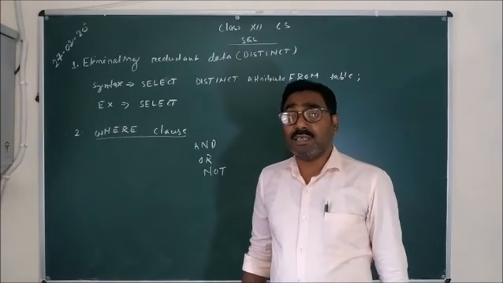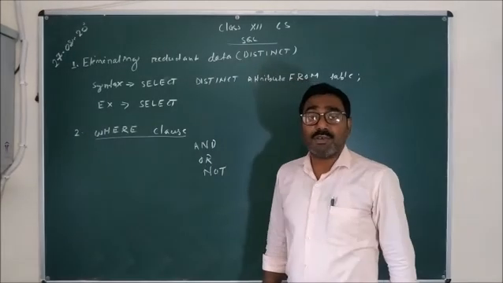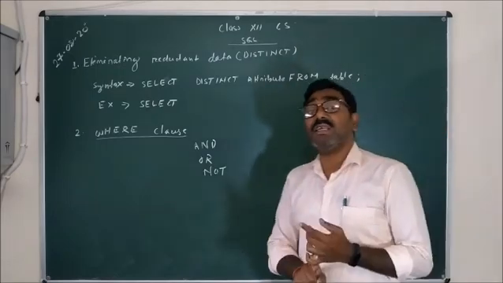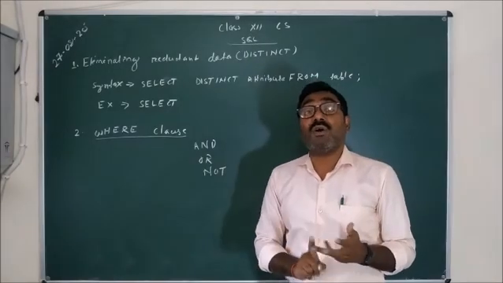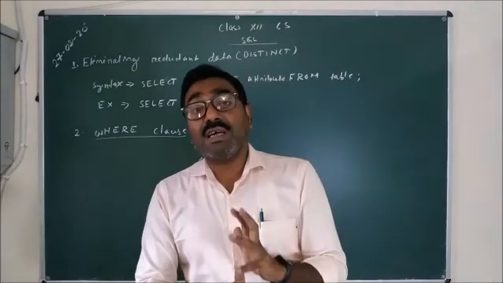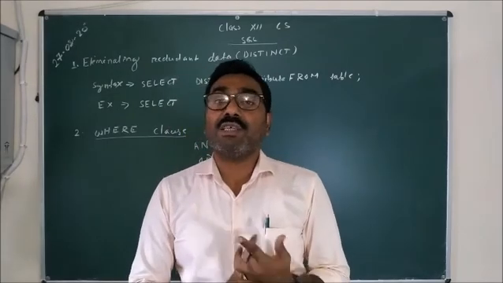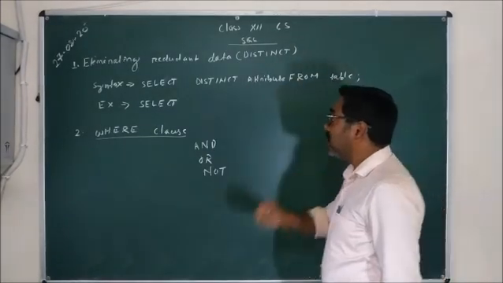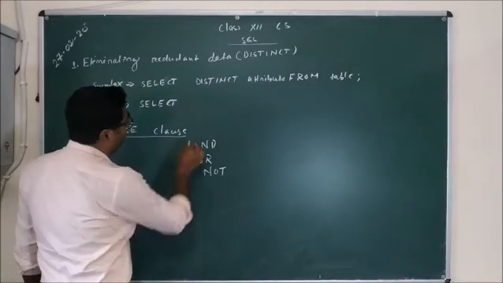If any one of the conditions is not satisfied or fails or has a false output, then it is unable to display the record. For example, suppose we have a condition to display the details of employees whose salary is greater than 2000 and who are working as a manager. Two conditions are there over here. These two conditions can be merged using the AND operator.